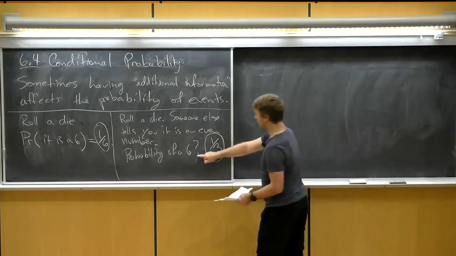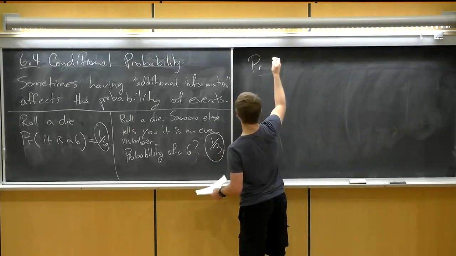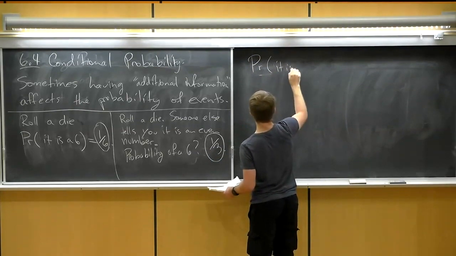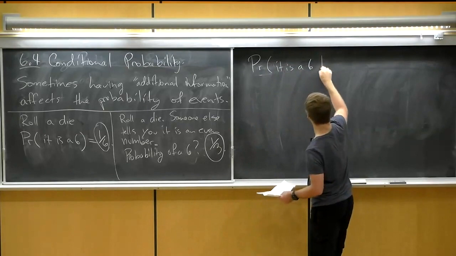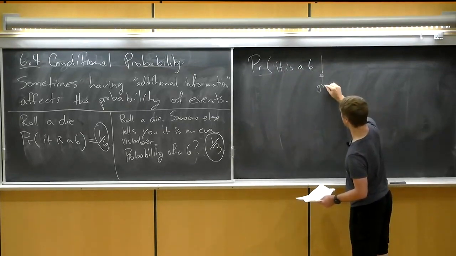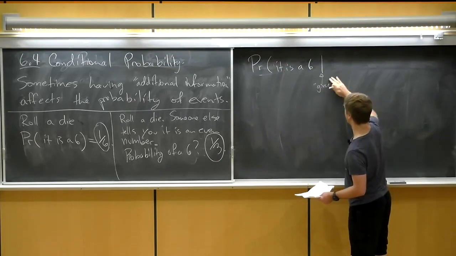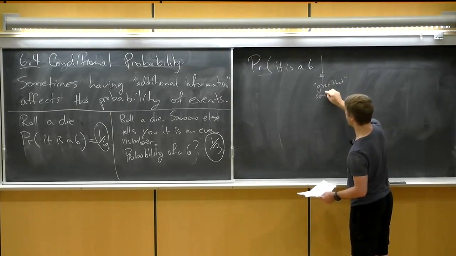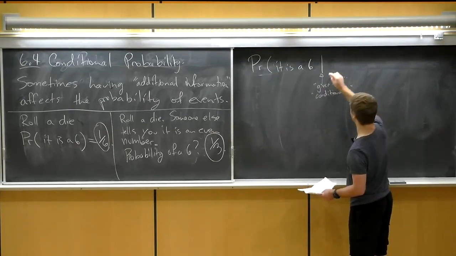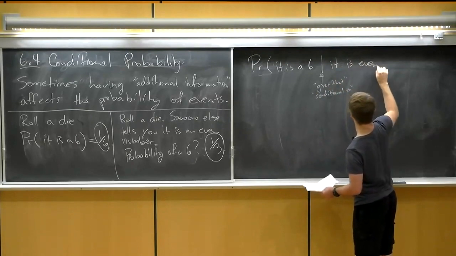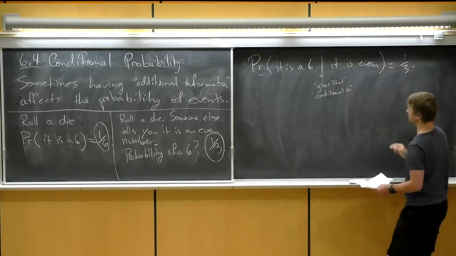So the way we would write this in mathematical notation is the probability it is a 6, then we write a line. This line means given, or given that, or conditional on the fact that it is even, is 1/3.